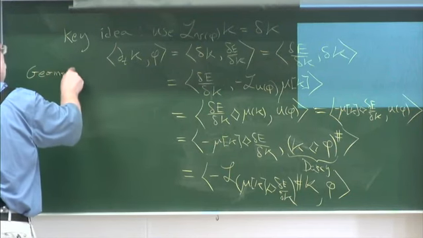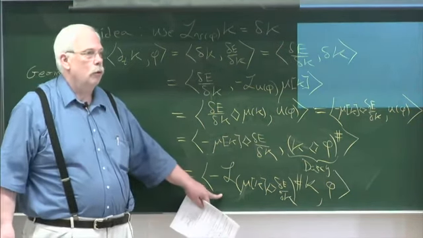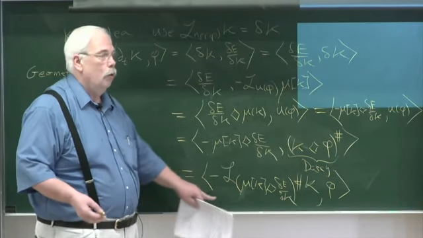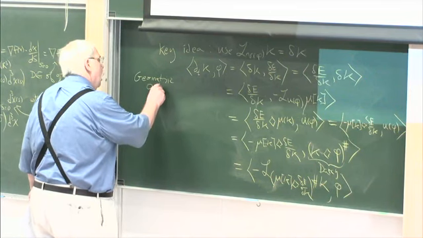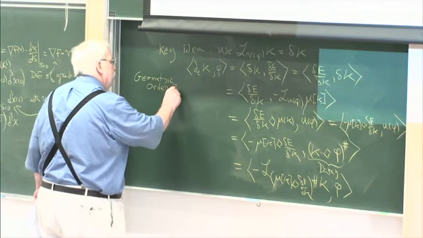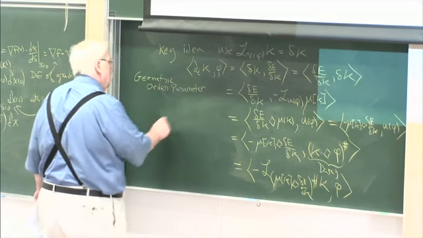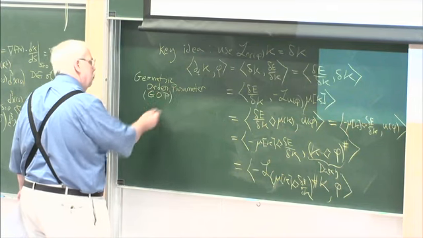So this is geometric. So this applies to order parameters. Order parameters always transform in some kind of tensor. Okay, so I'm going to call this thing the geometric order parameter equation, which we'll abbreviate as GOP.